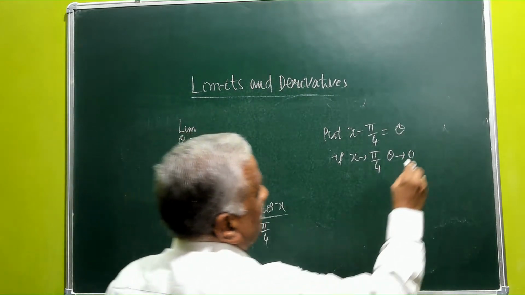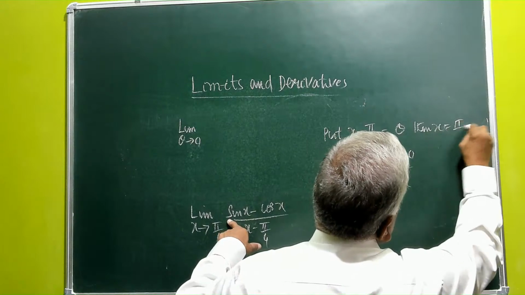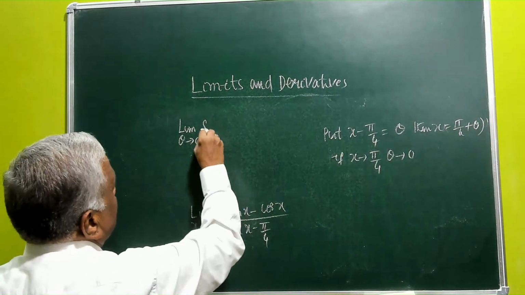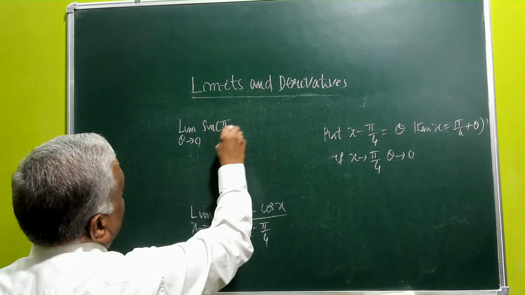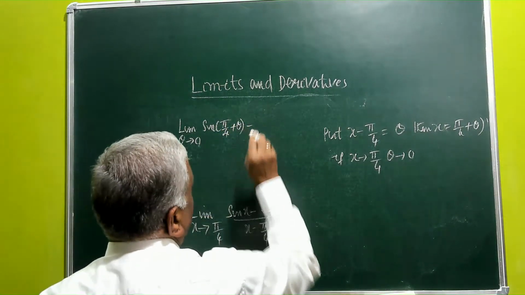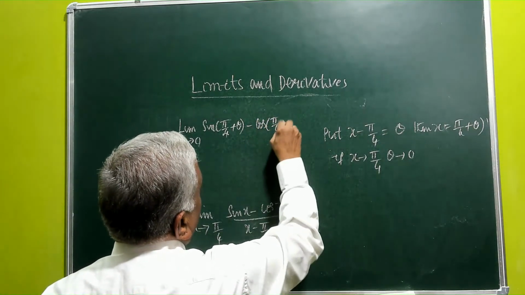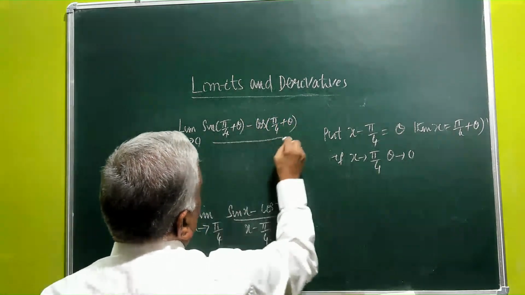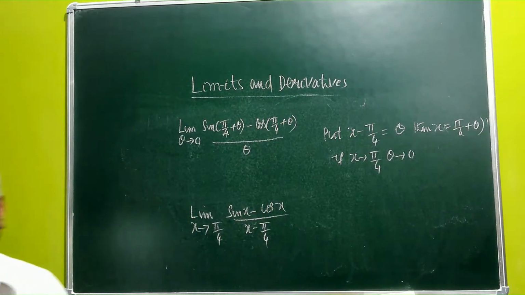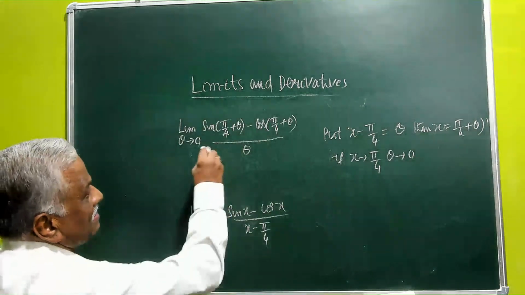The problem becomes theta tends to 0. What is x? Then x is equal to pi by 4 plus theta. So this is going to be (sin of (pi by 4 plus theta) minus cos of (pi by 4 plus theta)) divided by theta. There is no formula for sin c by sin a minus cos a or cos b. You got to expand this.